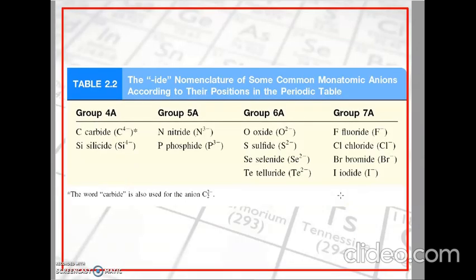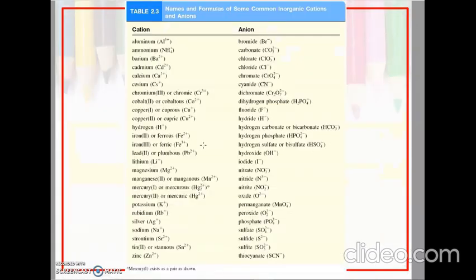So this is the list of the charges for monoatomic anions with their names. We need to add IDE to their names. And these are the names and formulas of some common inorganic cations and anions.